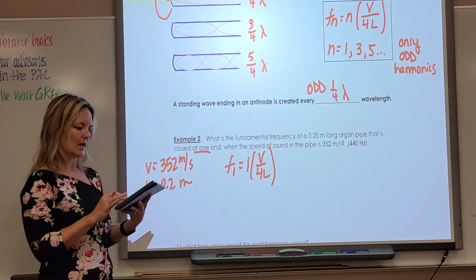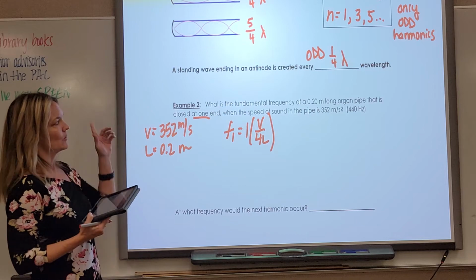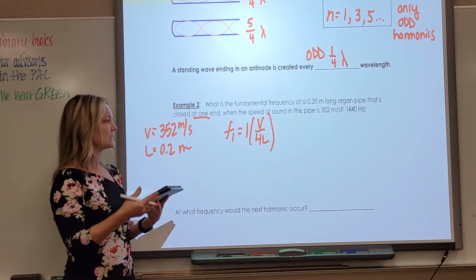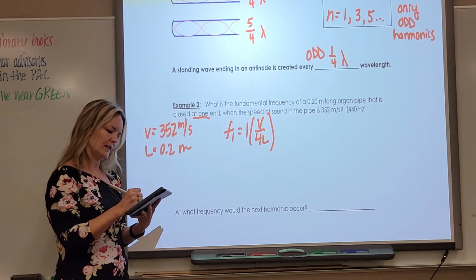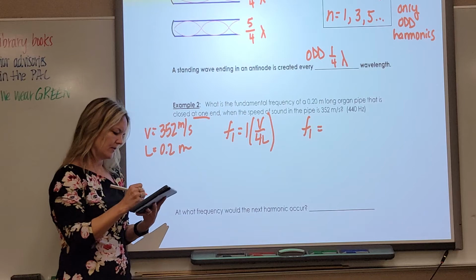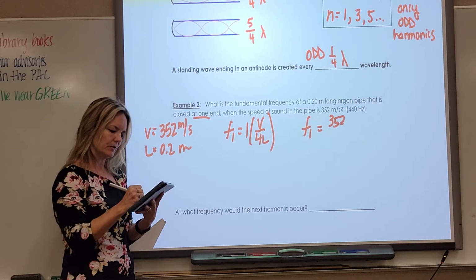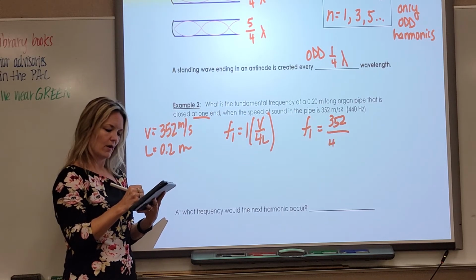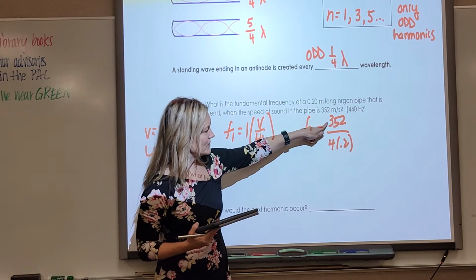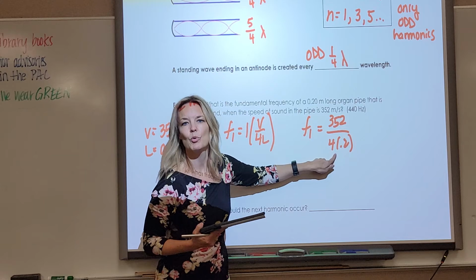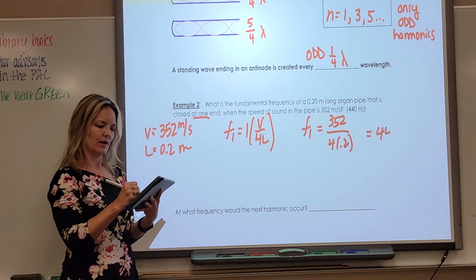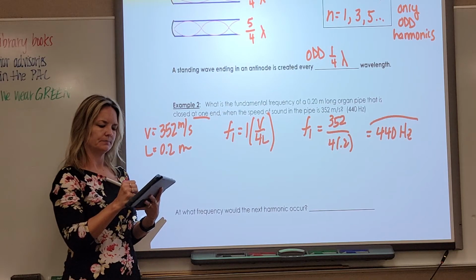Because it is closed on one end, I just have to make sure I use the over 4L equation. Plugging in my numbers, I can just drop out the 1. The v, 352 over 4 times 0.2. If I take 352 divided by 0.8, I end up with approximately 440 hertz.